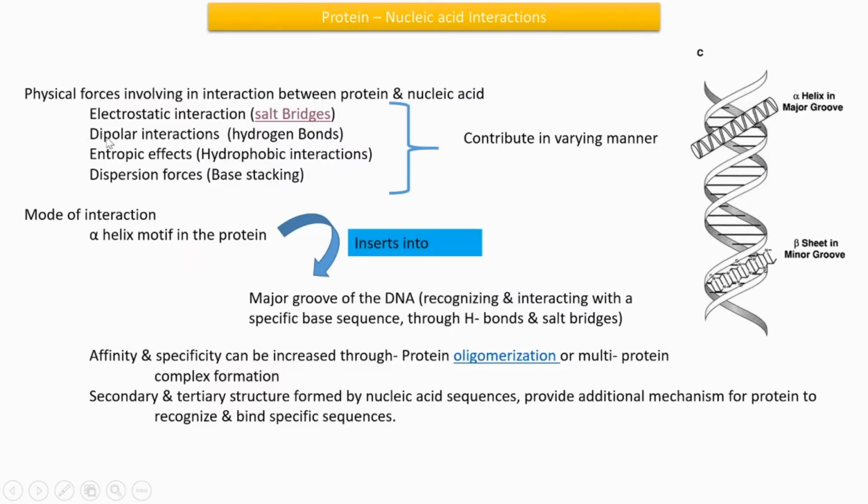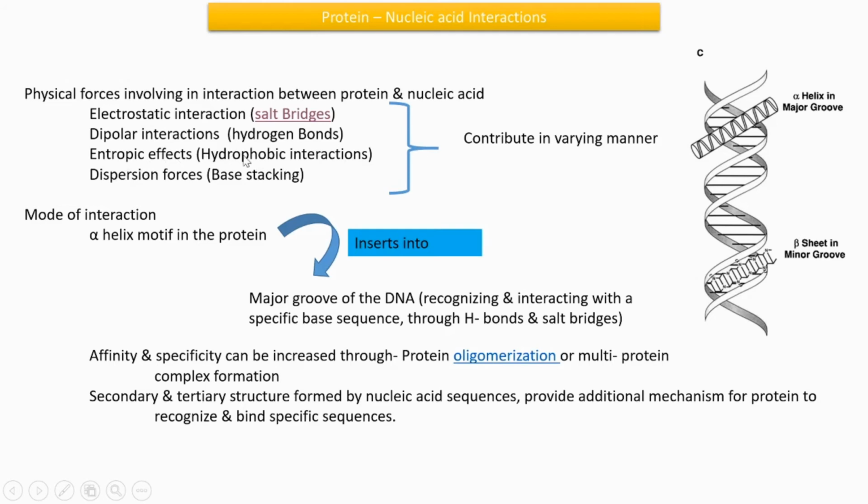Okay. The next type of interaction between protein and nucleic acid is dipolar interactions. That is hydrogen bonding. We know that many hydrogen bonds act in different places, fulfilling different functions. Different types of hydrogen bonds exist in DNA. Then entropic effects mean hydrophobic interactions.